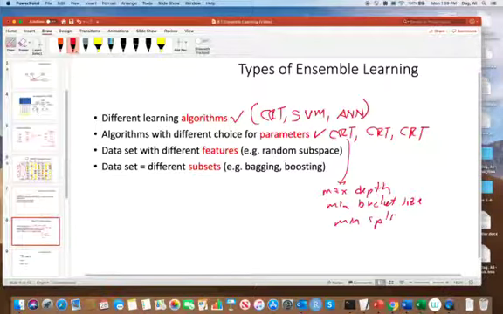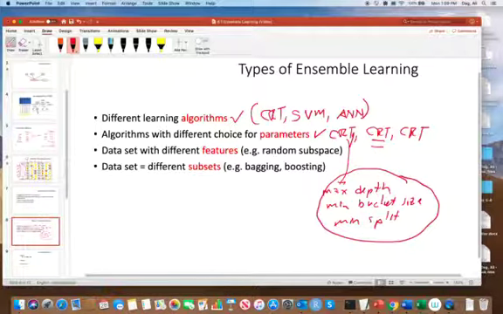These are 3 of the 5 or 6 parameters that you can change in the Rattle environment. So I want to create a CRT model with different parameters. Let's say I make maximum depth 3, minimum bucket size 10, and minimum split 25. Now I'm using the same CRT model but with different parameters.